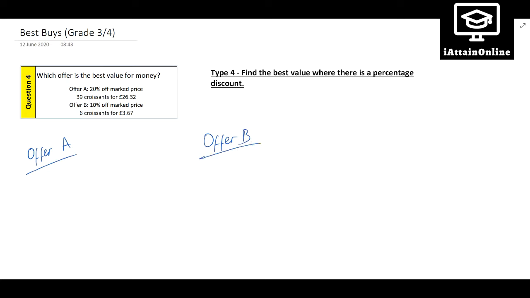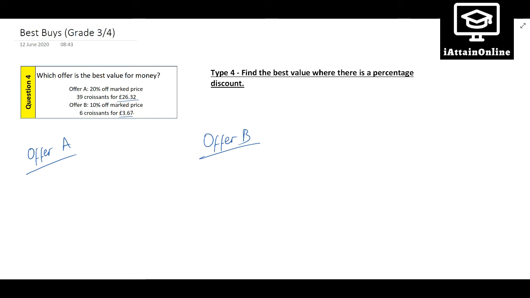Okay, so the price we're given in each of these questions is not the price we pay. This is the price it's advertised at, but then we're told that offer A even has 20% off the cost that is shown.